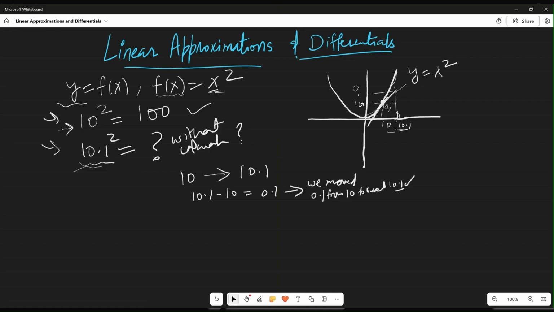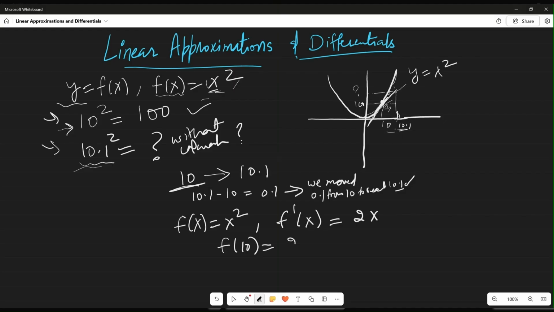But now we also need to know how fast this function x squared is changing, right? And here we have to take the derivative to find that: the rate of change, how fast the slope is changing. We have this function f of x is equal to x squared, and the derivative of that is 2x, correct? At 10, we know that it's changing at a rate of 20.